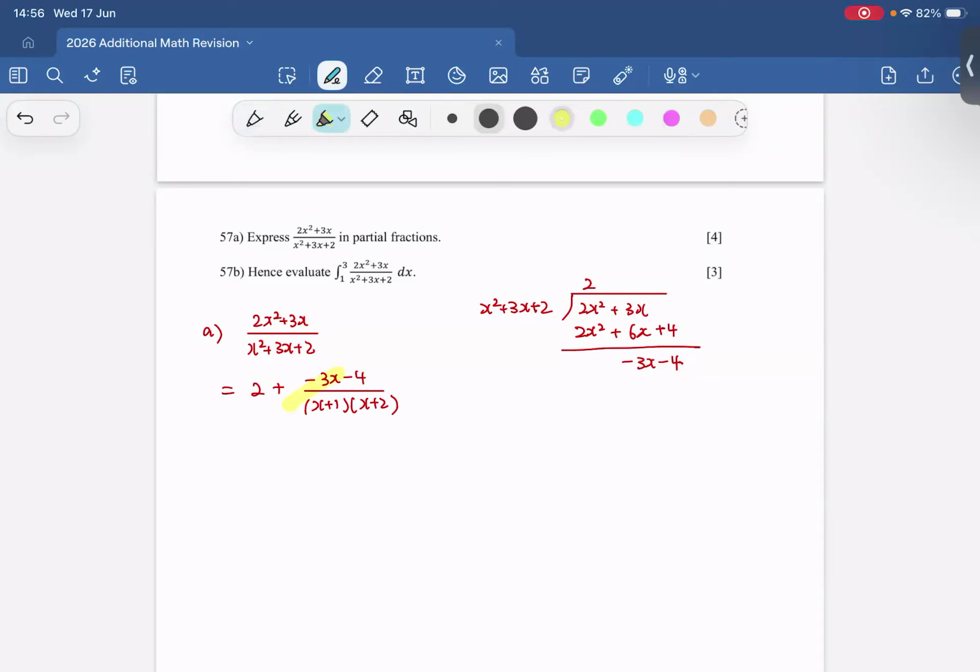After this is done, then we do our partial fraction. But when we do partial fraction, we only focus on this part, because we only need to partial fraction this. So to partial fraction this, we write down the identity. Then we will have minus 3x minus 4.